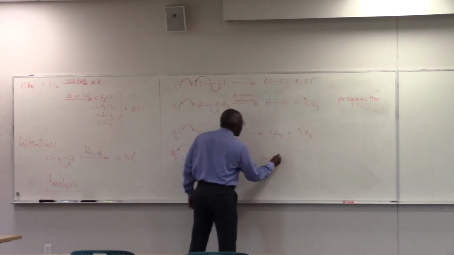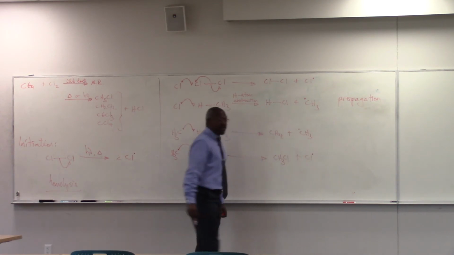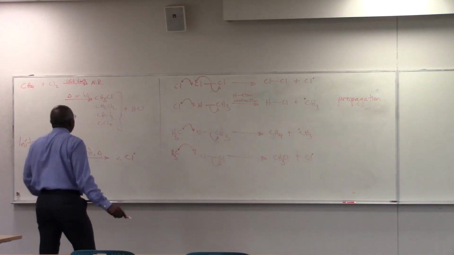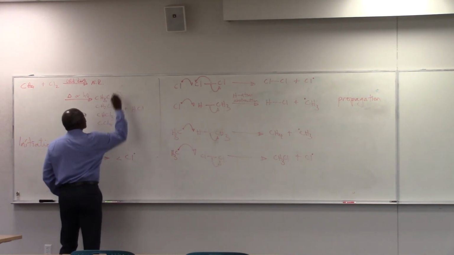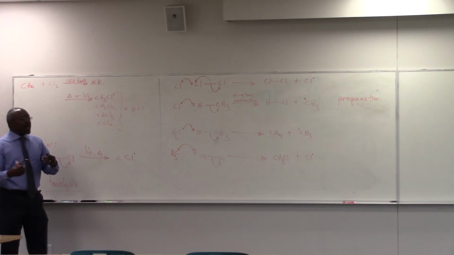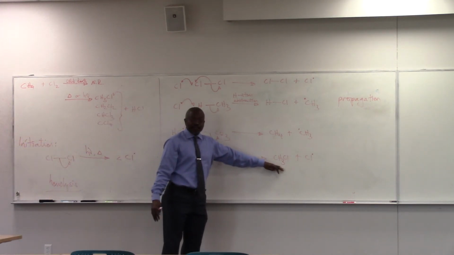Because when it does that, I get CH3Cl and Cl dot. So now I'm seeing chemistry. And by the way, that's why this one shows up first. So there's an initiation and then a propagation step that gives rise to CH3Cl.